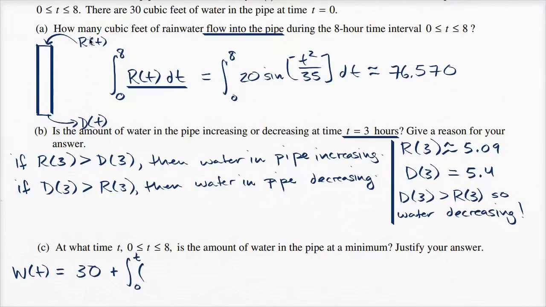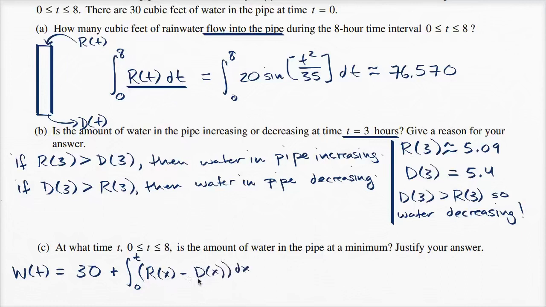And instead of using t as our variable here, I'm going to use x, since t is already one of our boundaries of integration. We can use any variable we want. It's really just a placeholder variable for the integration. So our net inflow is r of x minus d of x, and then dx.